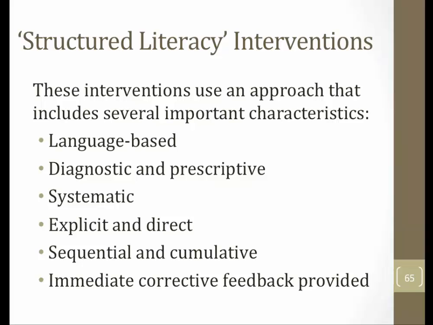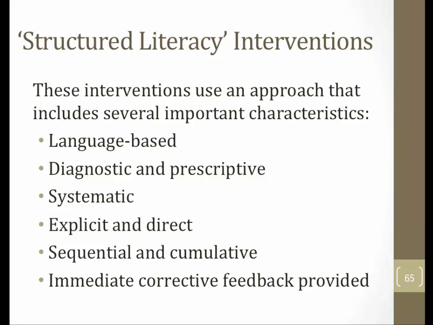So here I've just listed a few things. It's language-based. So hopefully you've heard me talk loud and clear about the language underpinnings of literacy. And I didn't mention, but I will now, at the center of the reading wheel is oral language, because oral language is the core. We also talked about the importance of intervention being diagnostic and prescriptive.